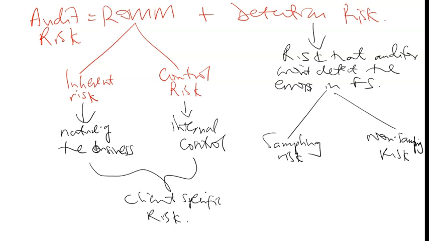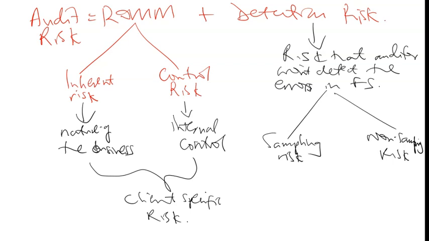When you're talking of sampling risk, we are simply saying the sample which the auditor adopted or utilized in his audit procedures was not big enough, was not representative of the population, was not representative of what was happening at the client or within the client's records.